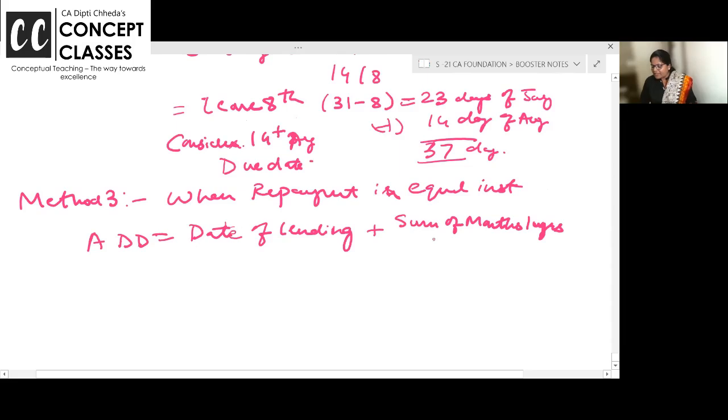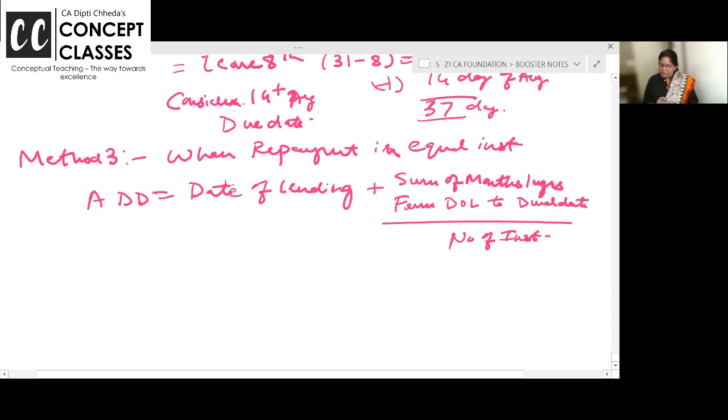Date of lending, sum of months, years from date of lending to due date, divide by number of installments.